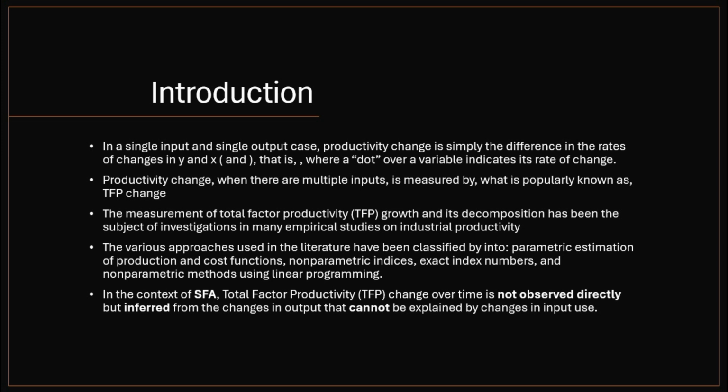The various approaches used in the literature have been classified into parametric estimation and nonparametric estimation. In the context of SFA, the total factor productivity change over time is not observed directly, but inferred from the changes in output that cannot be explained by changes in input use.